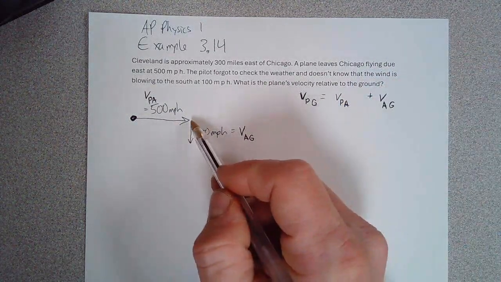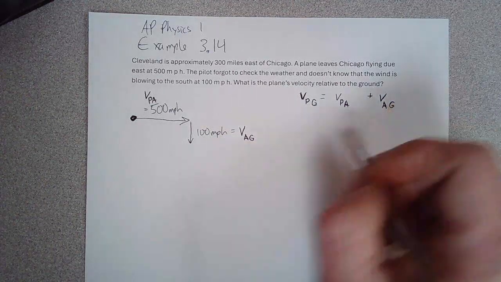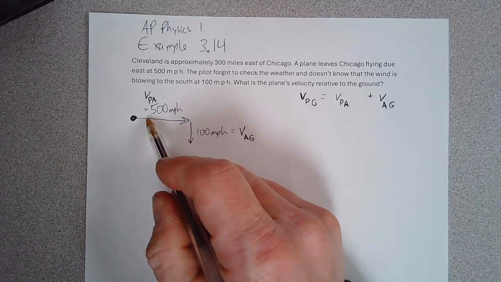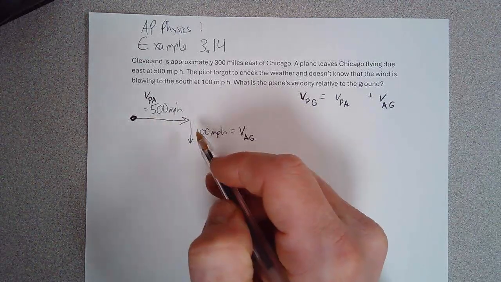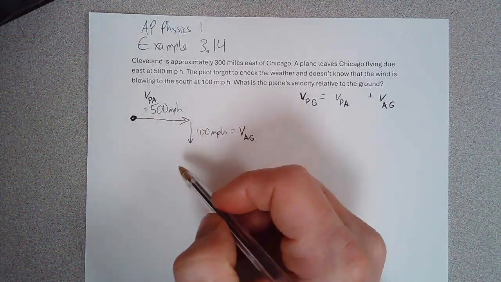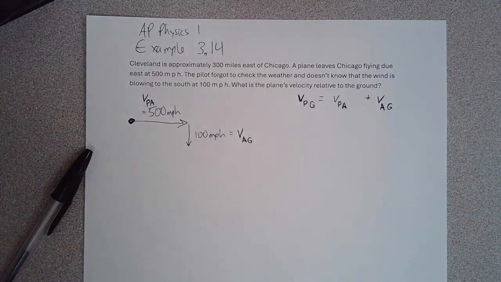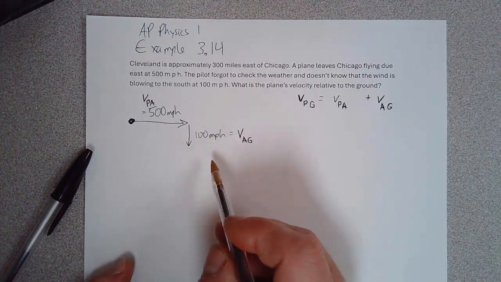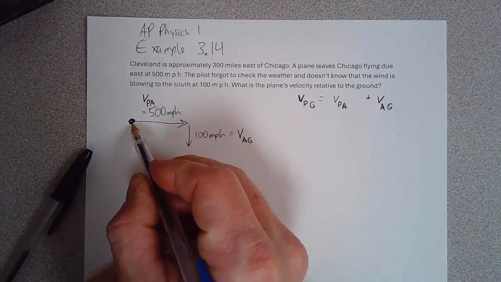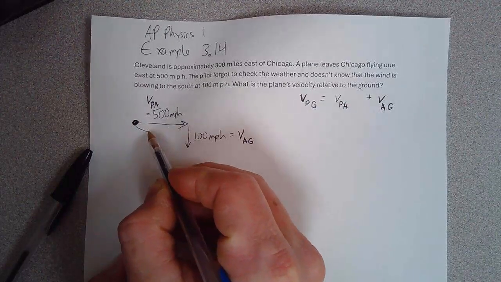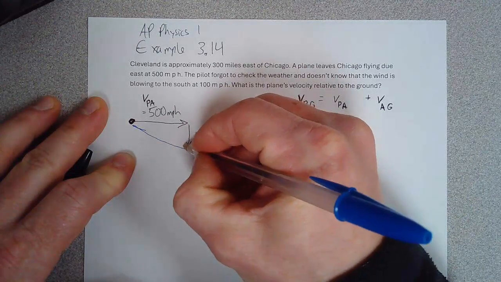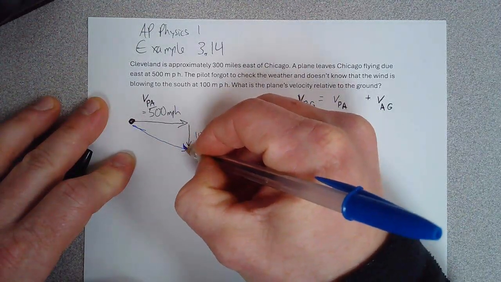Now, since these are vectors, they have direction, I'm going to have to sum these two vectors, and fortunately these are already at a 90-degree angle to one another. So really all that's left for me to do here is to just find the hypotenuse of these two. I kind of knew what was going on here when I drew this, so I tried to make it as easy and straightforward as possible for all of us.